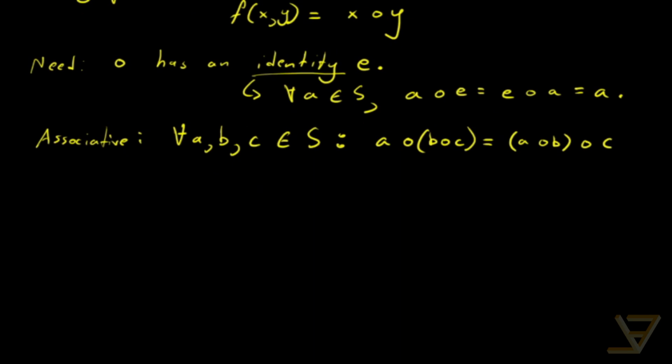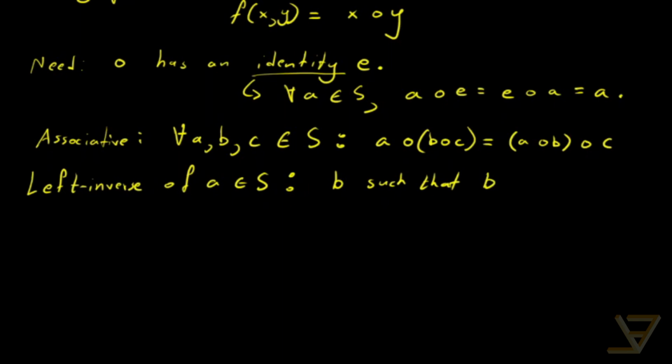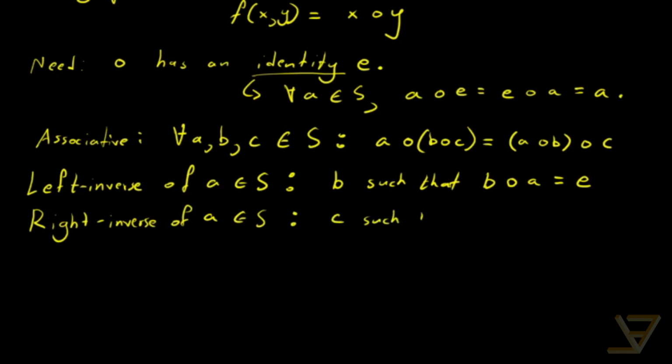One of them, just like in functions, is a left inverse of an element A in S. That's an element B such that B working with A is equal to the identity, and a right inverse of A in S is an element C such that A working with C is equal to E.